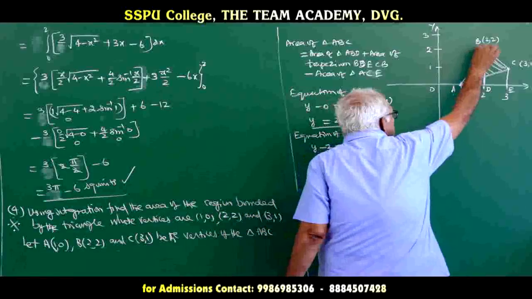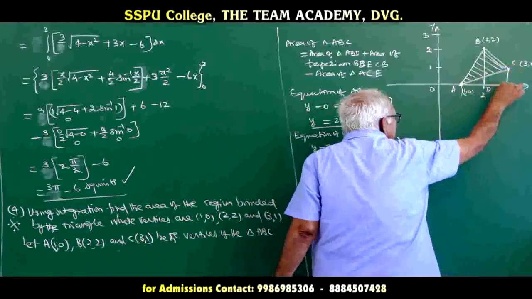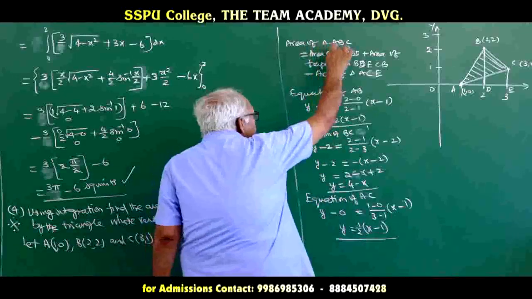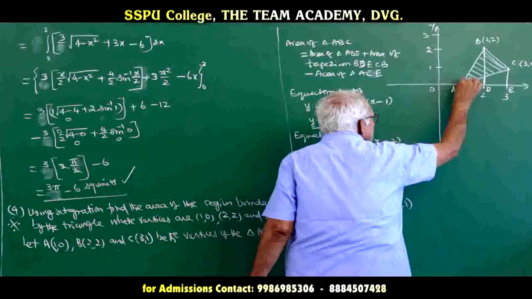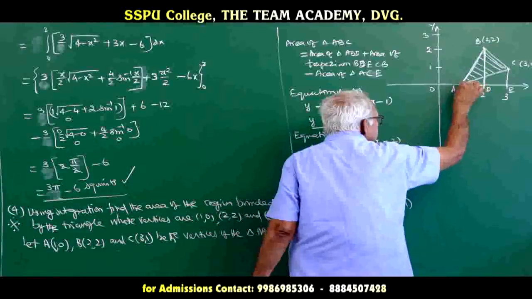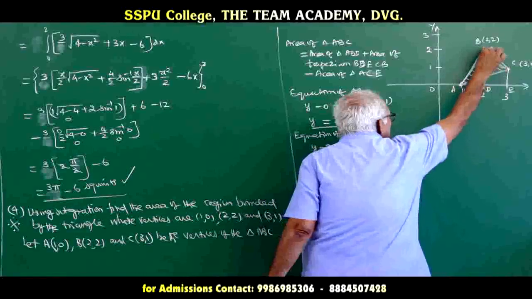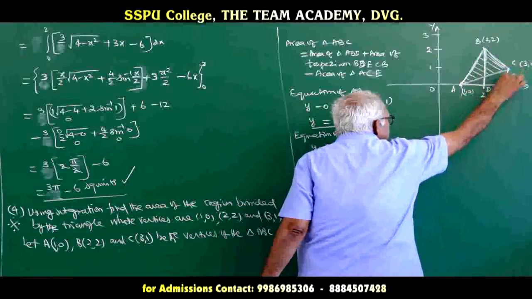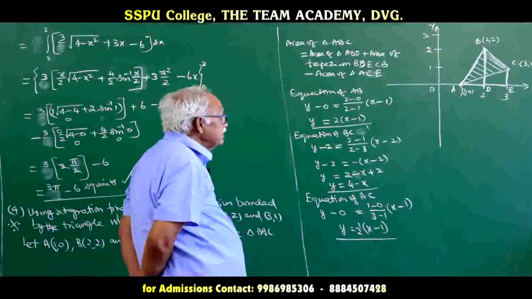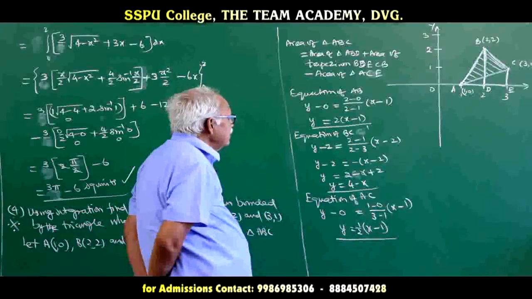Now, let us draw these lines BD and CE. Now, the area of the triangle becomes the area of the triangle ABD, area of the trapezium BDECB.